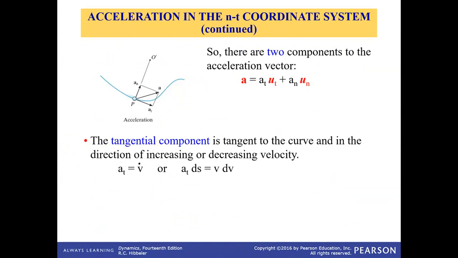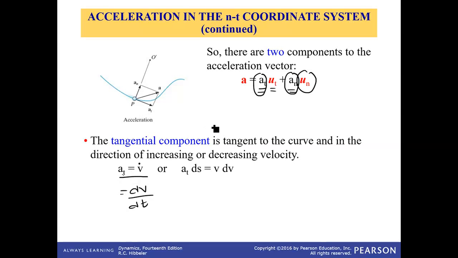The total acceleration of the car or a particle is a combination of tangential and normal acceleration. Here at is the magnitude of the tangential acceleration, ut is the direction of the tangential acceleration, an is the magnitude of the normal acceleration, and un is the direction vector for the normal acceleration, or normal coordinate axis. at can be calculated using v dot. v dot stands for dv by dt.